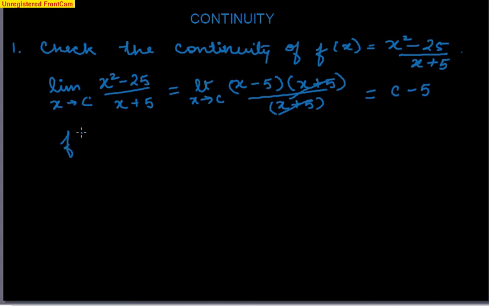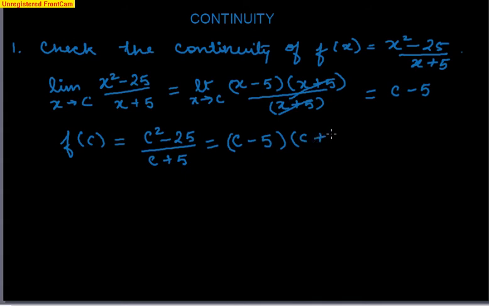Now I find f of c. When I put c in the function, I get (c square minus 25) upon (c plus 5). Again I factorize the numerator: (c minus 5) and (c plus 5), the denominator being c plus 5, which is equal to again c minus 5.